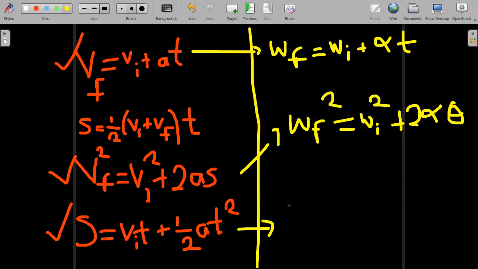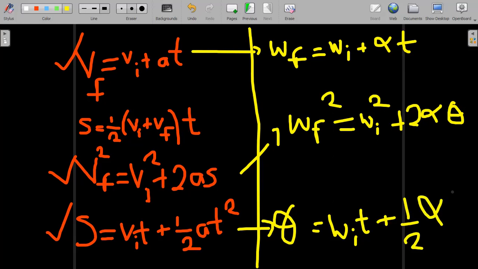Theta is equal to omega initial times time plus half alpha t squared.